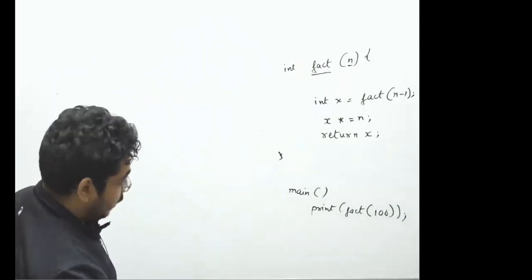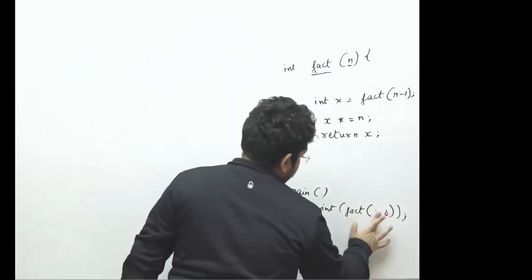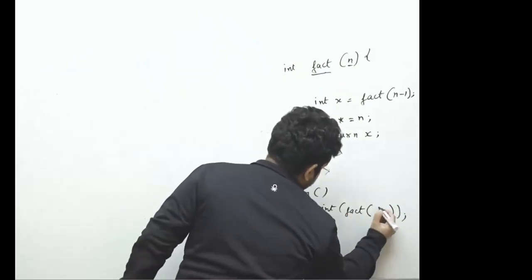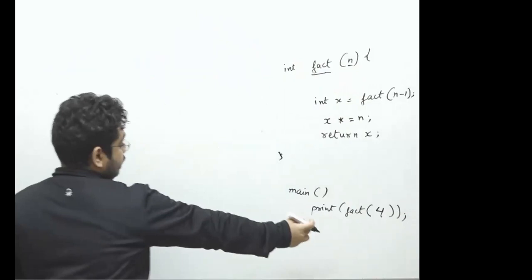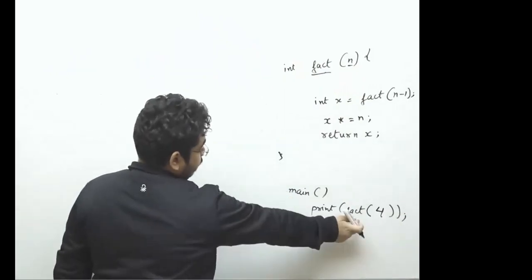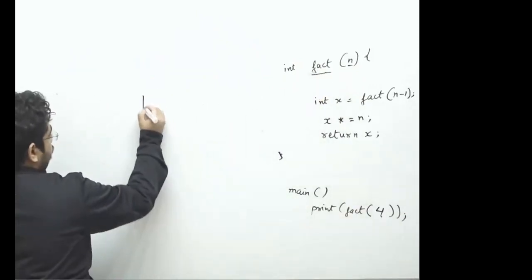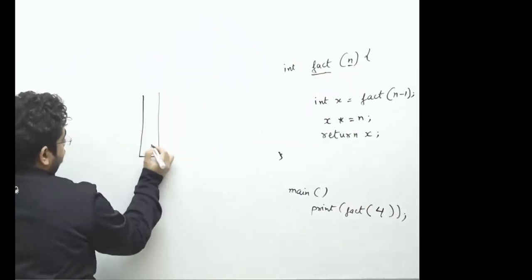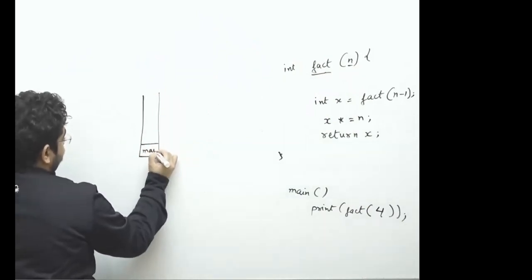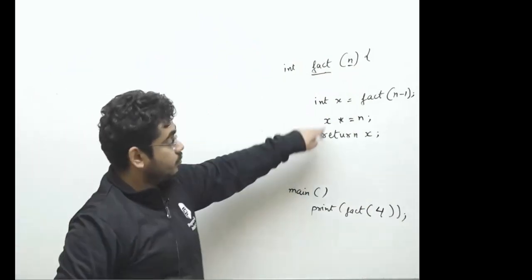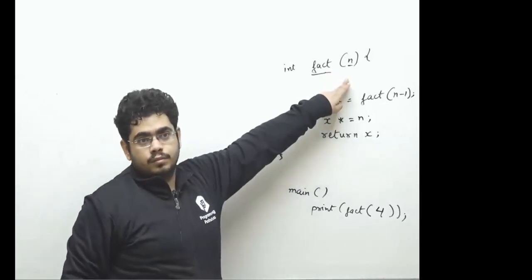Let me take a smaller value. Let's say I'm just calculating factorial of 4. So what will happen? Main calls factorial of 4. So in my stack, my main is pushed here, and I have called factorial of 4, right?